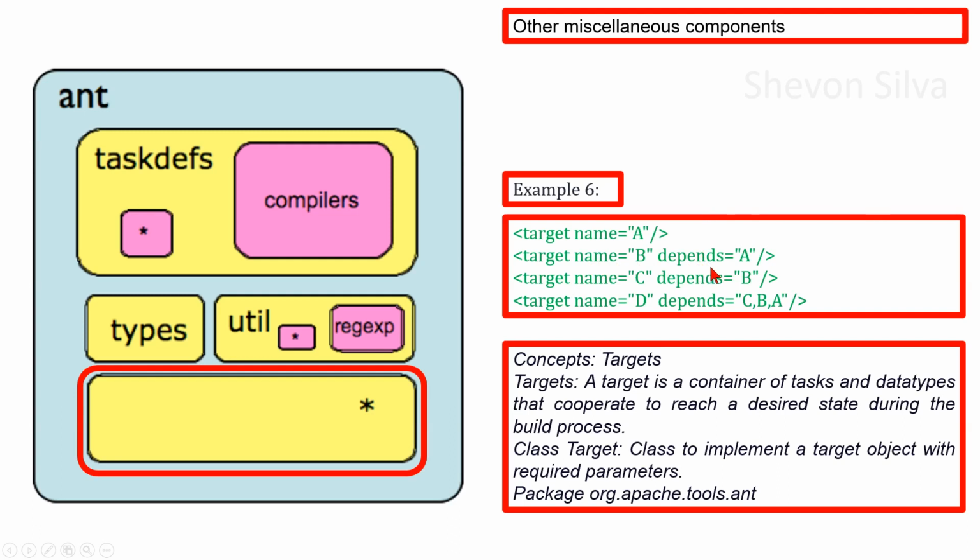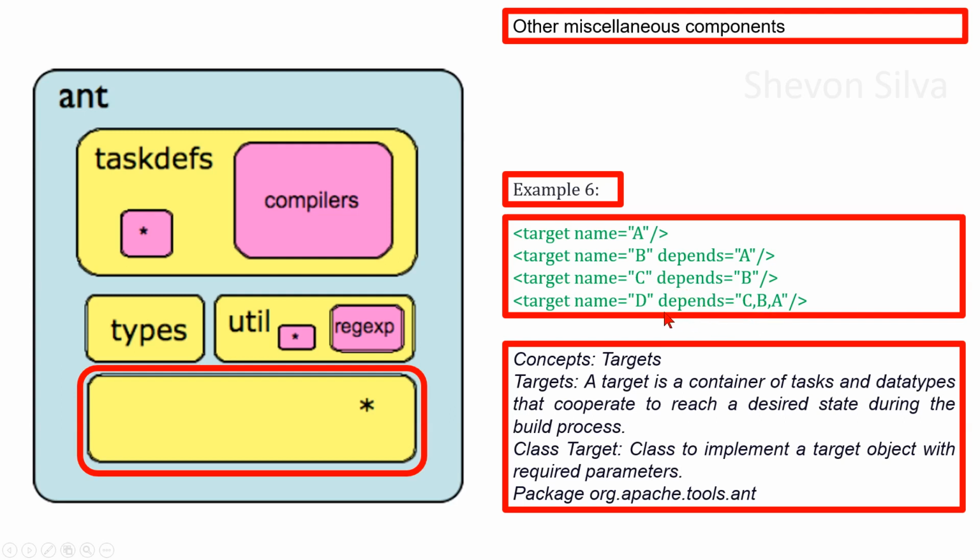Keep in mind that it is possible that a target can get executed earlier when an earlier target depends on it. Suppose we want to execute target D from its depends attribute. You might think that first target C, then B, and then A is executed.